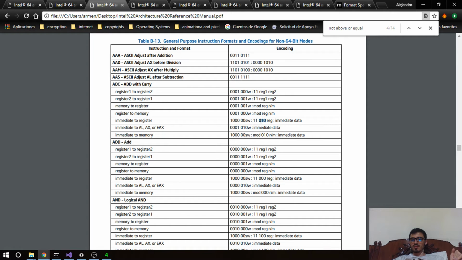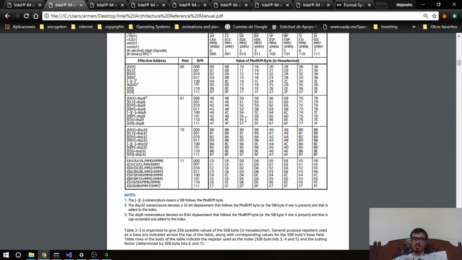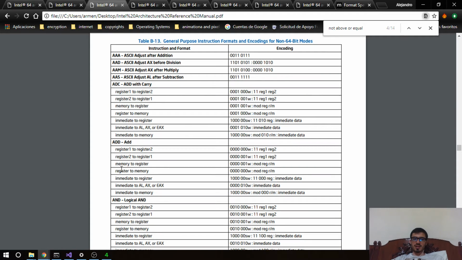Because we have a register, the reg field is this, and the reg field that we're moving, the destination, is this. Since it's an immediate to register, it has to be this way, isn't it? We're not going to have any kind of crazy offset in there because you're looking at the value. Normally you have that when you're moving to memory, because these are the addressing forms that we get from memory. But when we're looking at registers, we cannot have that information.